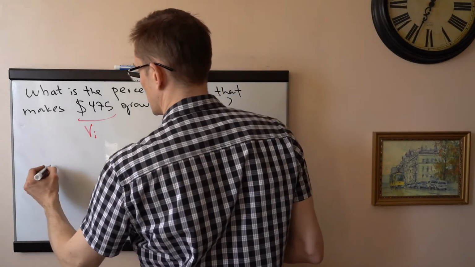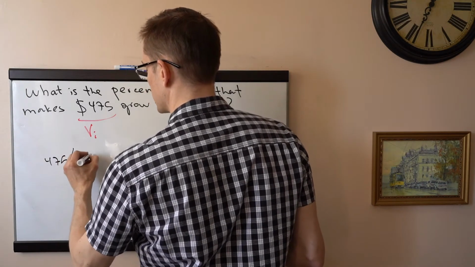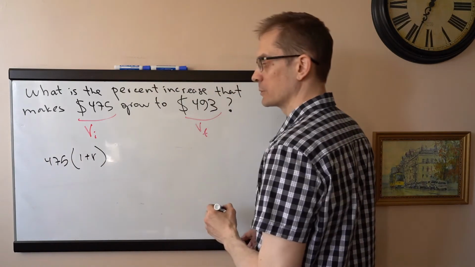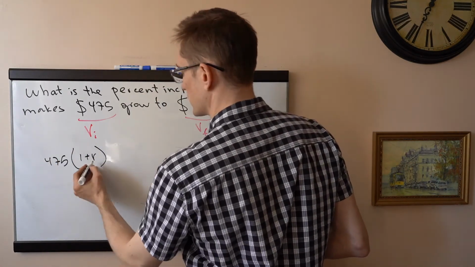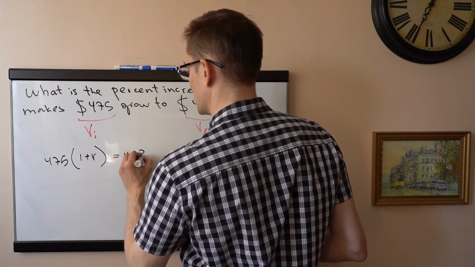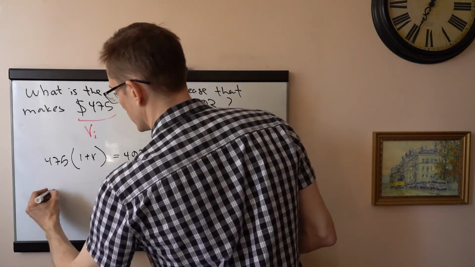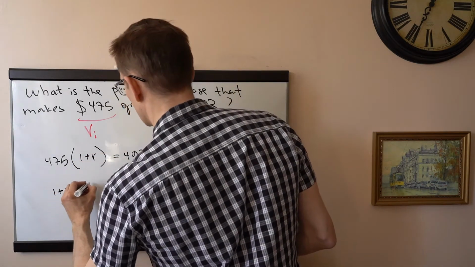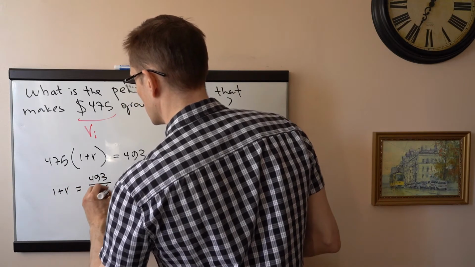So we have 475 times 1 plus r, where r is the rate per 1 which allows 475 to be increased to 493, and it's going to be 493, right? So how do we find this r? First of all, we need to find 1 plus r, that's going to be 493 divided by 475.